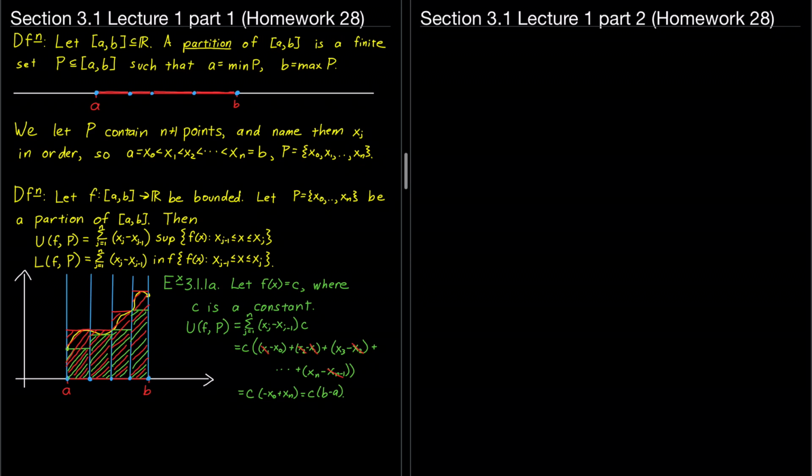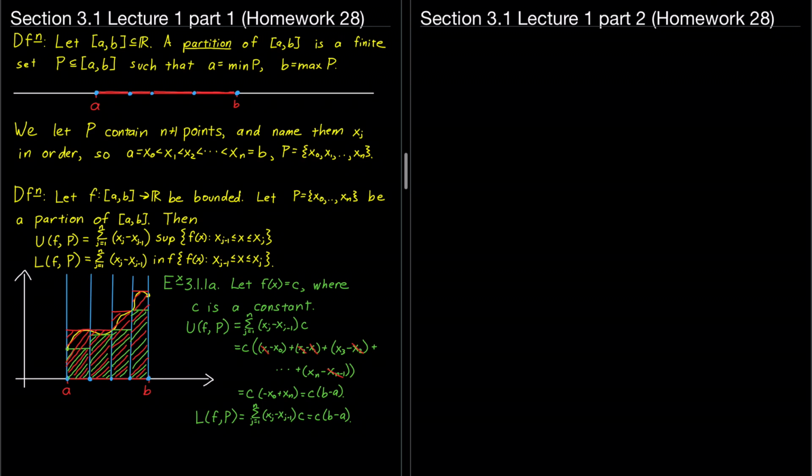So that's the upper Darboux sum of a constant, and similarly, the infimum is c, so we again have c times b minus a. So in the case of constant functions, the upper and lower Darboux sums are the same. That's in fact the only time they're going to be the same.